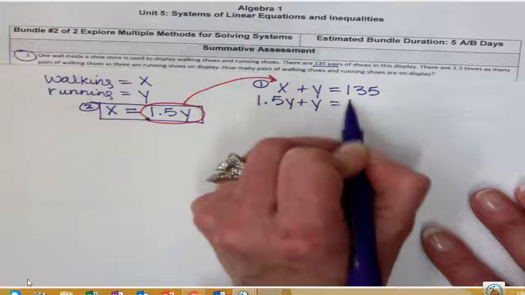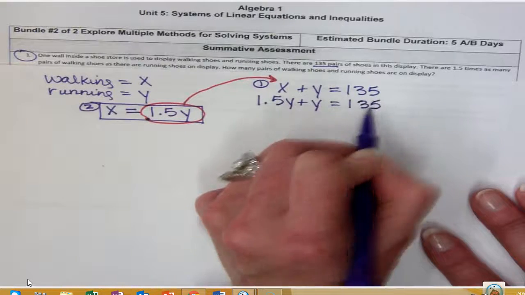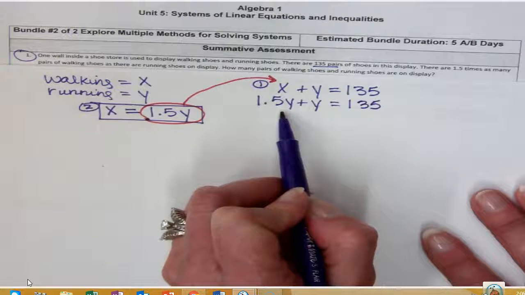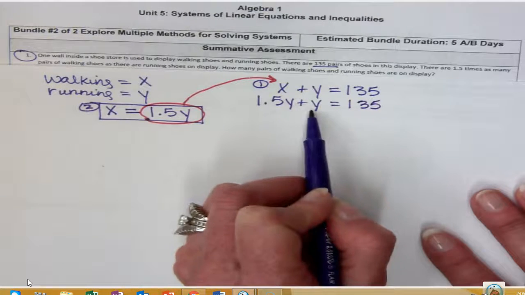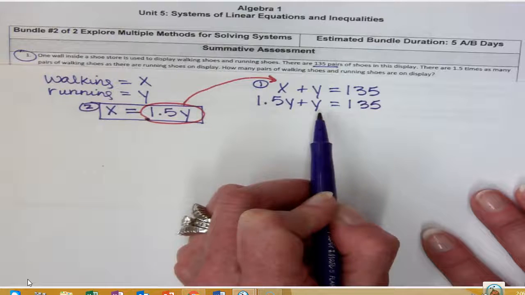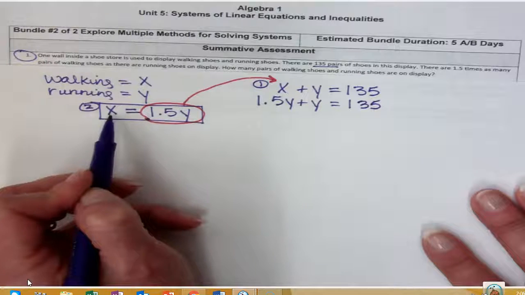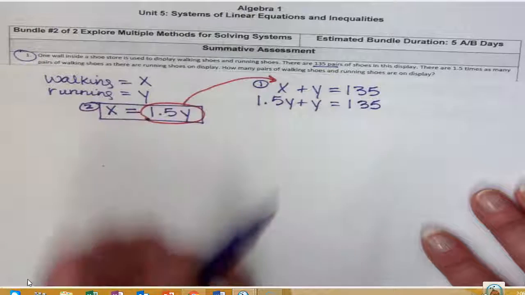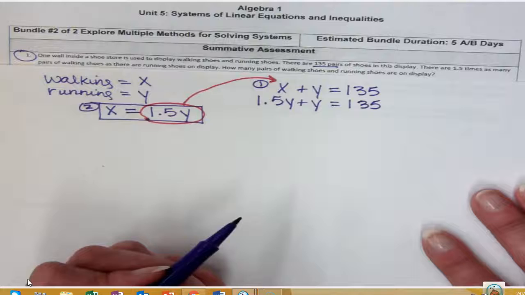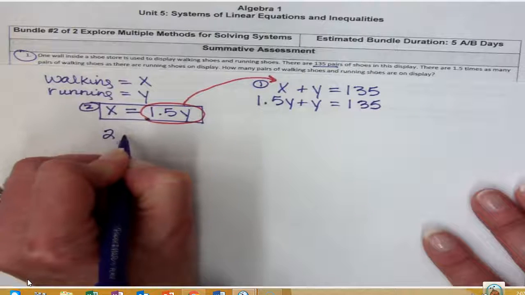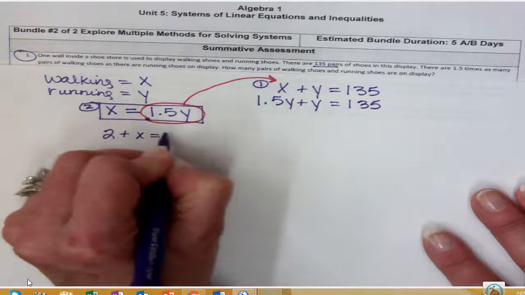Y plus Y. We know that we can add a number with a variable of Y plus another number with a variable of Y. We can add these two together. All we've done is taken this X equals and put it in there. Just the same as if it were 2 plus X equals 3.